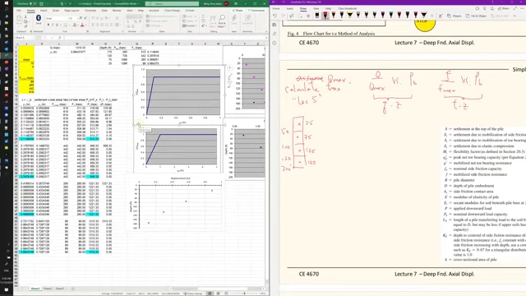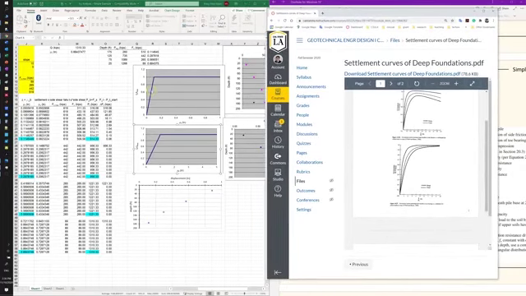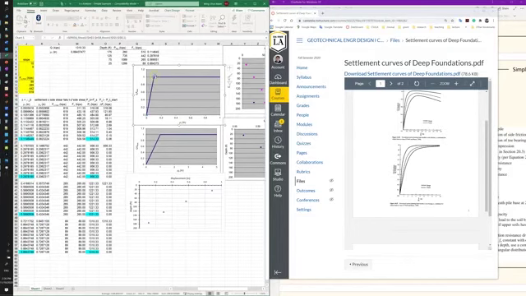For this exercise, this is a simplified example. We try to use a very simple TZ curve and QZ curve over here. Instead of the curve that you're seeing, we even oversimplify it as a perfectly elastic and perfectly plastic material. So it's just two parts, which makes the computer coding easier in Excel.